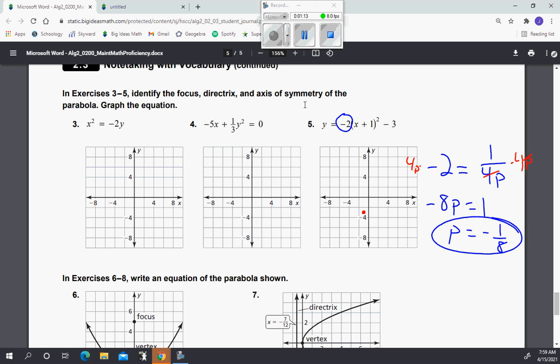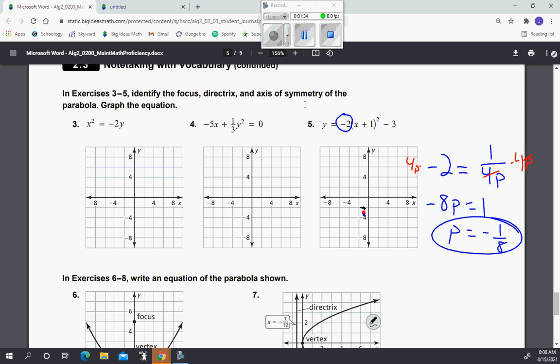So from my vertex, I'm going to go down 1/8. So my vertex is like right below there. That's where my focus is. Okay, -1/8. My directrix is right above that.